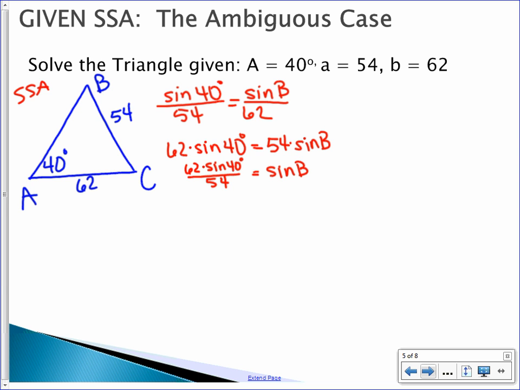The inverse. So you need to take the inverse sine of whatever this number is right here. 47.56. We're going to go to 2 decimal places.